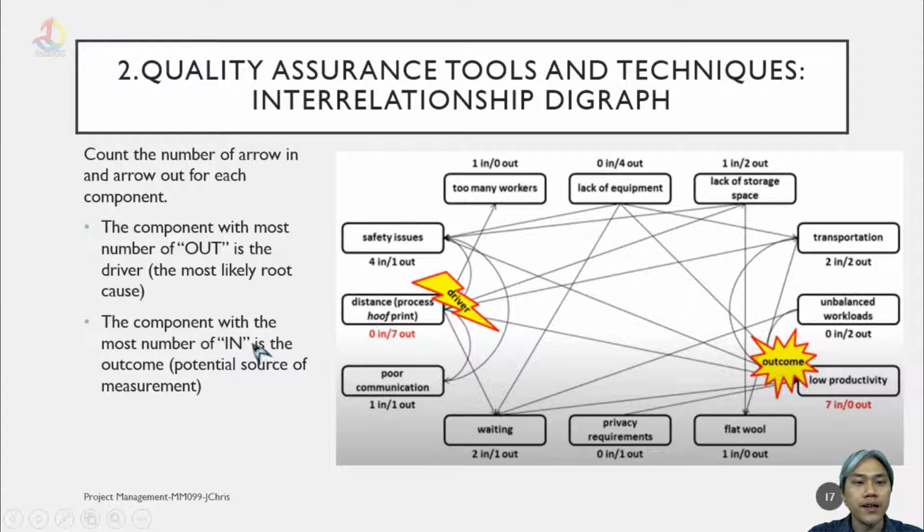The component with the most number of in, which is low productivity, is the outcome or the potential source of measurement. So we have stated here in our interrelationship diagram that distance is the most likely root cause because it drives all other problems.